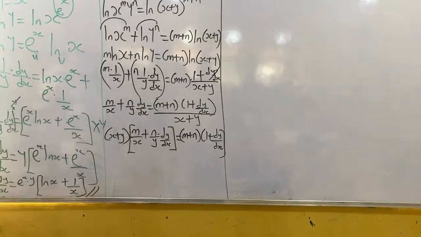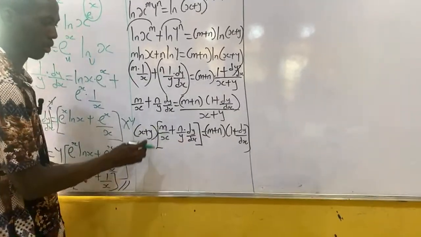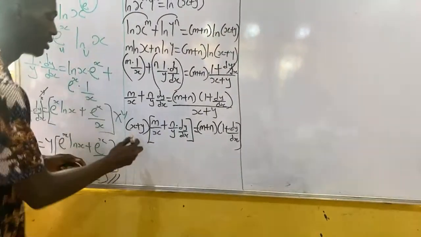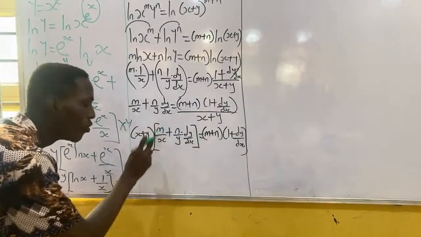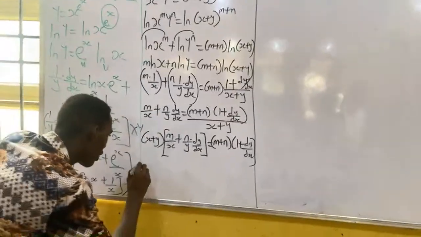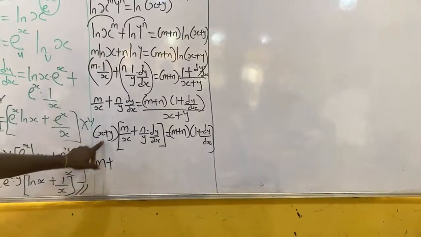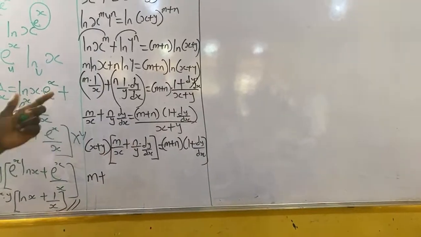So if you expand this, what do we have? x times the whole of this plus y times the whole of this. So let's start. x times m over x, x cancels x, right? I will be left with ordinary m plus x times n over y dy/dx.